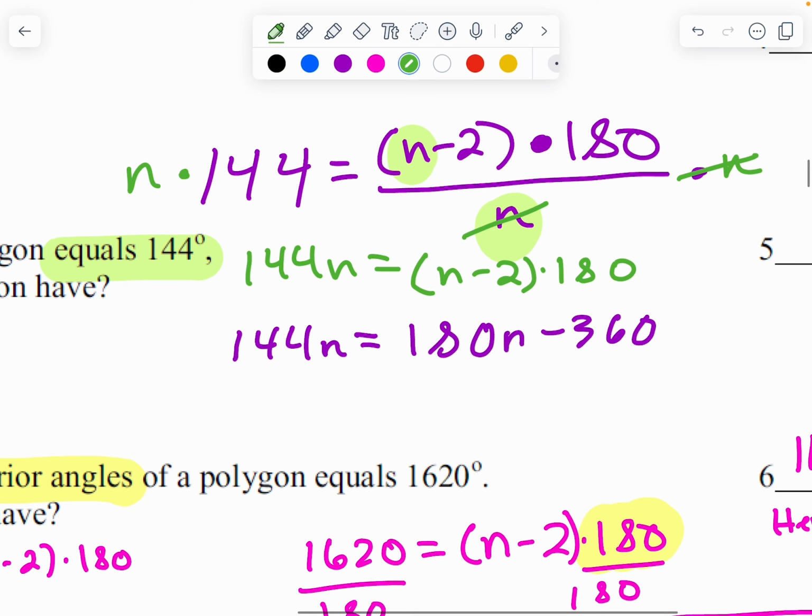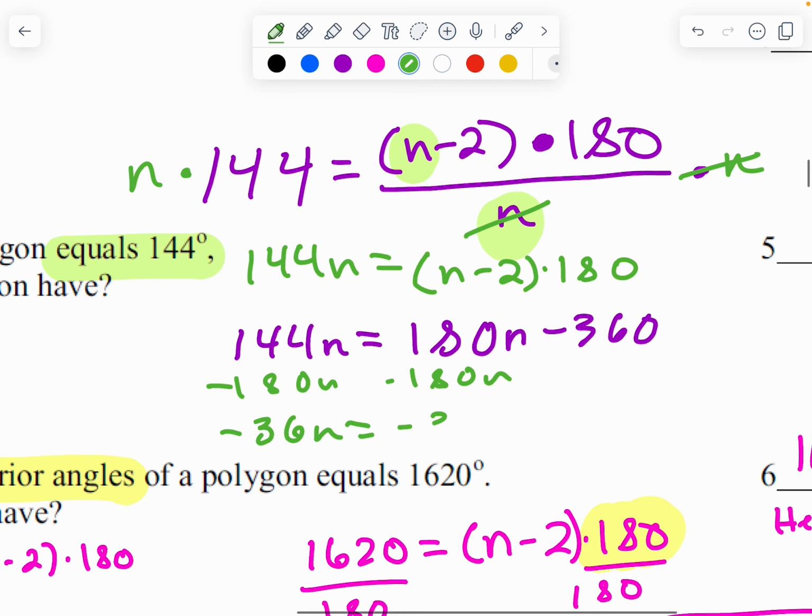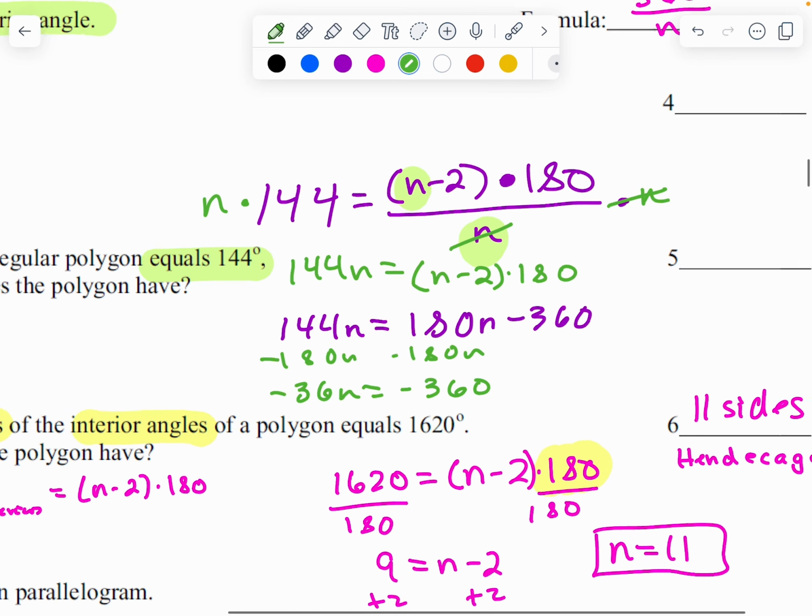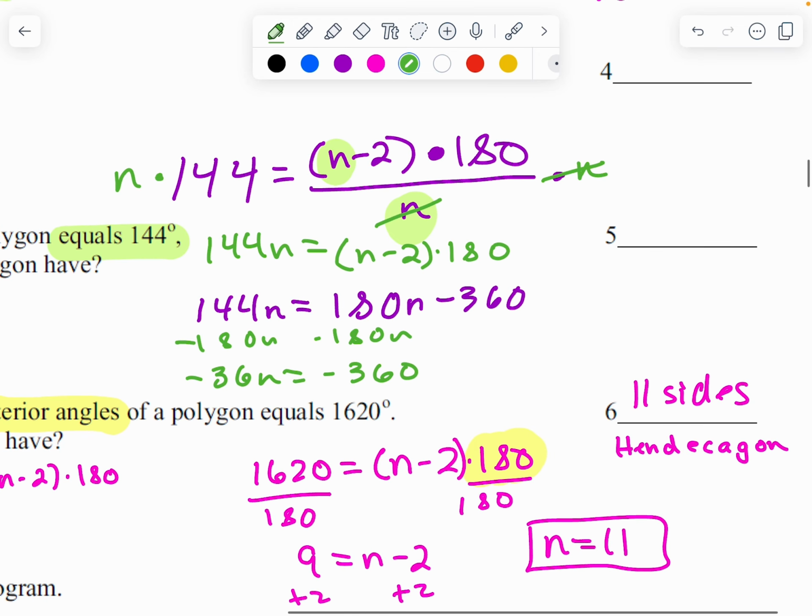From here, you can go ahead and just solve it, right? You'll subtract 180n minus 144n, and that should be, I believe, 36n equals 360. And I think you can see what the answer is going to be from here, right? n is going to equal 10.